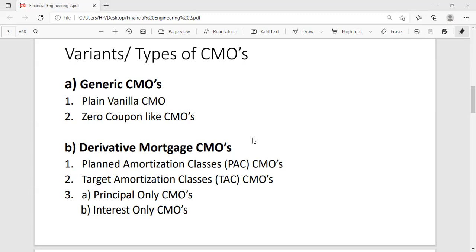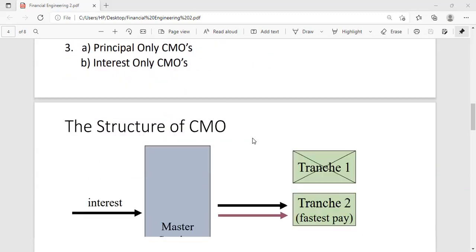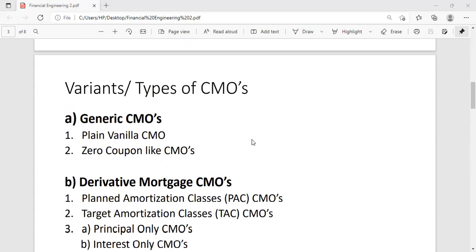Now, what happens in zero coupon like CMOs? All right. In zero coupon like CMOs, since a zero coupon, as you know, does not pay any interim coupons, the CMO tranches that act like zero coupon usually follow the investment pattern of accrual bonds.